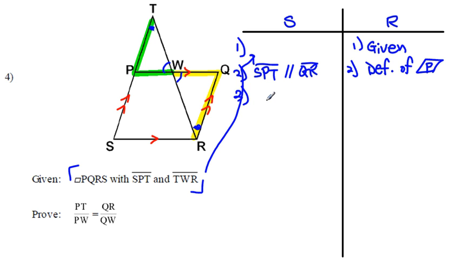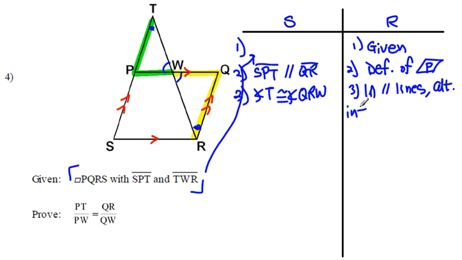Number 3. And therefore we get to realize angle T is congruent to angle QRW. Because in parallel lines, alternate interior angles are congruent.